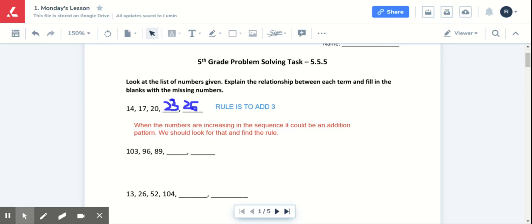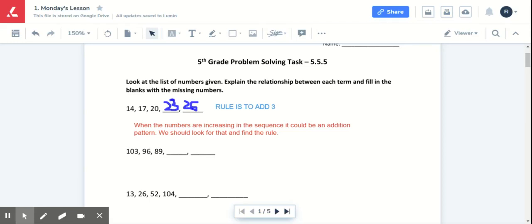So let's go from 103 to 96. Yep, you had to subtract 7. Let's see if that is true for 96 to 89. Yep, we had to subtract 7.